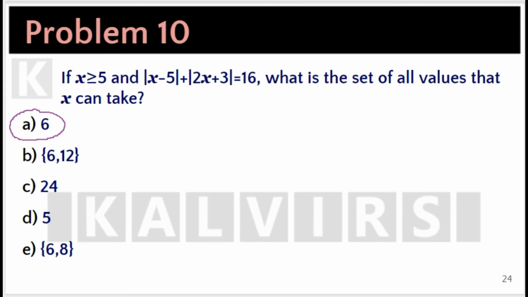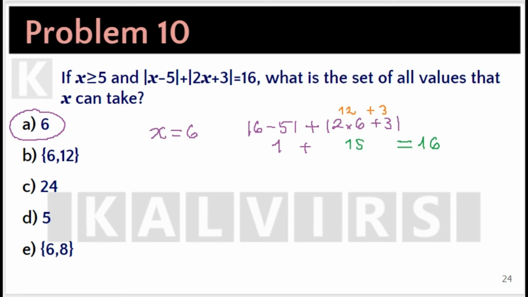I'm going to start with alternative A. If x is 6, then the absolute value of 6 minus 5 plus the absolute value of 2 times 6 plus 3 is 1 plus 12 plus 3, which is 15. This is equal to 16. So, we notice that number 6 satisfies the equation. Therefore, we will discard alternatives C and D.